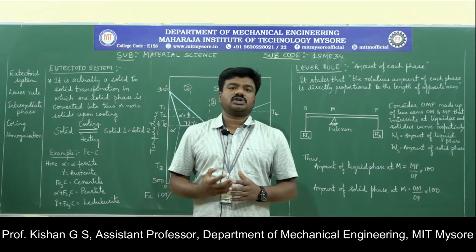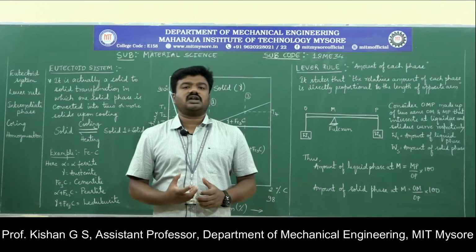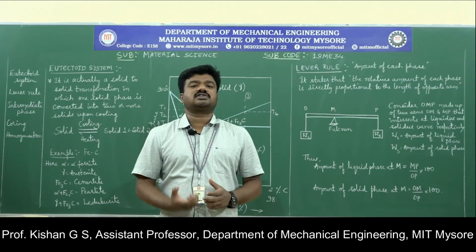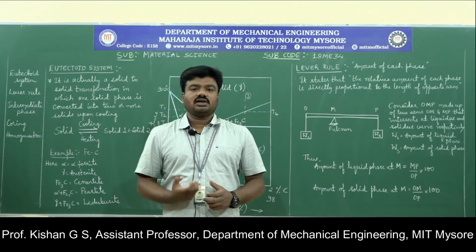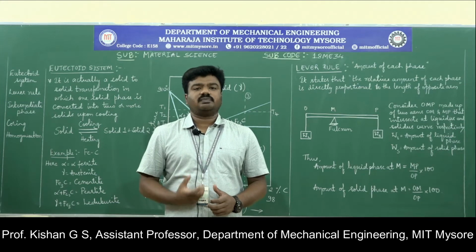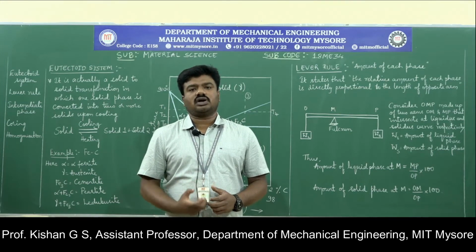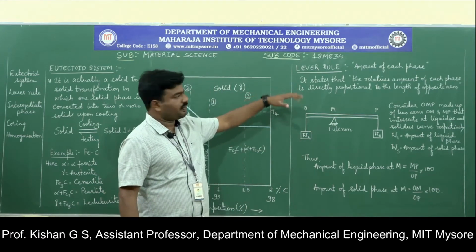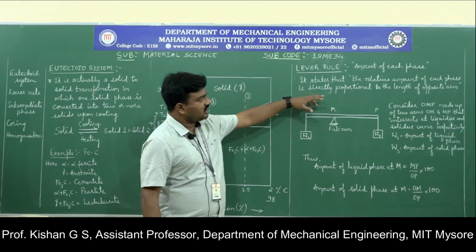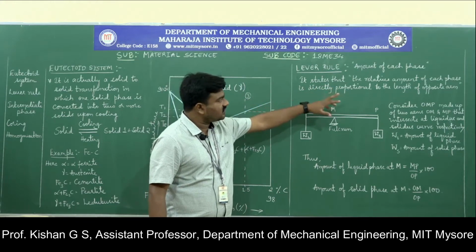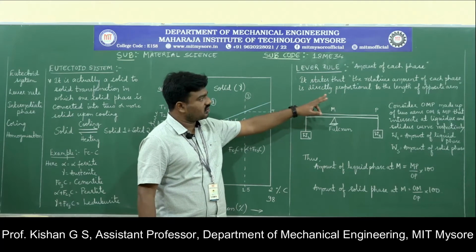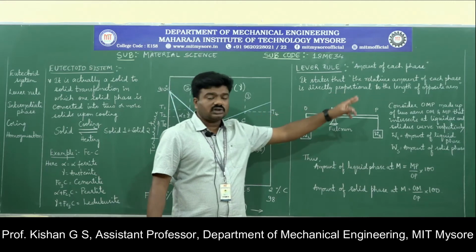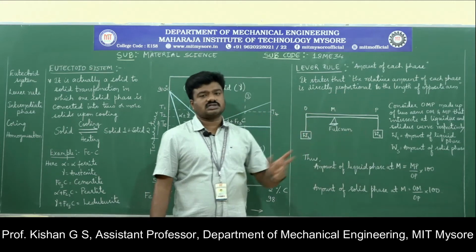Considering these compositions, to whatever extent we can identify the amount of liquid phase and solid phase present in the composition is identified by the rule called the Lever rule. So how do you define the Lever rule? It states that the relative amount of each phase is directly proportional to the length of the opposite arm, or the lever, which is considered here.